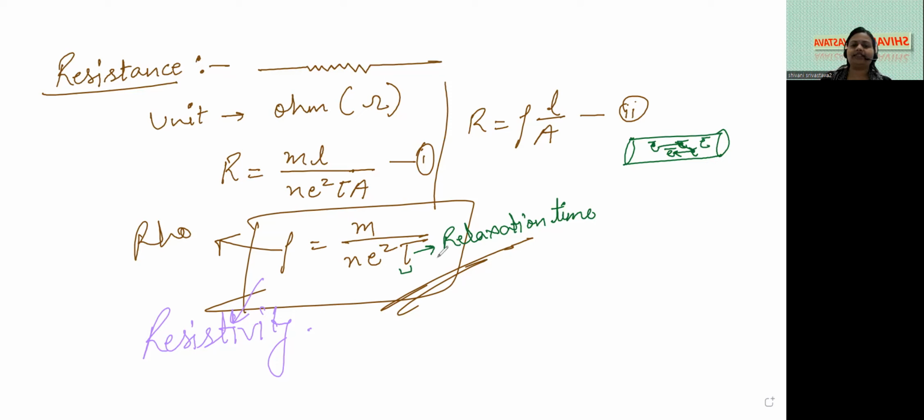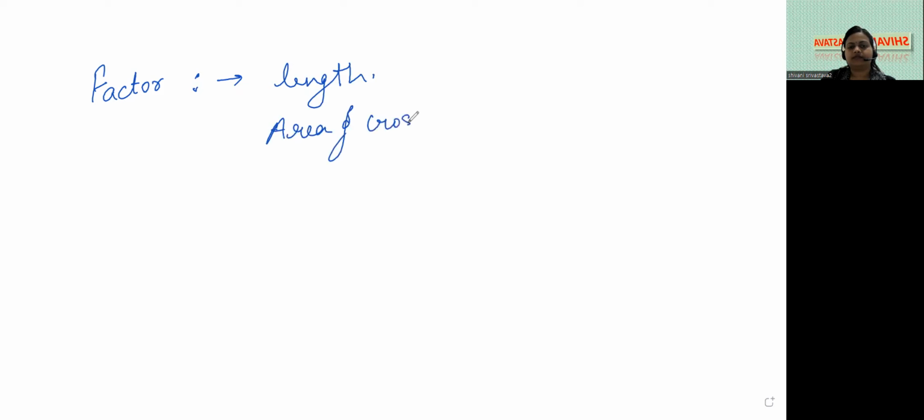So that is why we can say the factors on which resistance depends are length, area of cross section, temperature, and the quality of material.